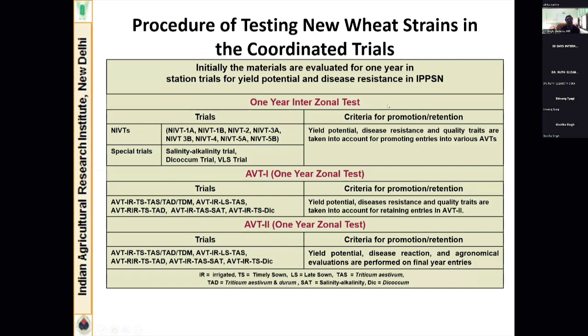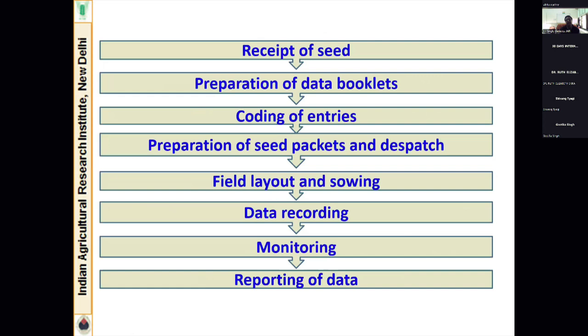In the first year, interzonal test is there. There are different trial series, and criteria for promotion are yield potential, disease resistance, and quality traits. After that, 2 years of advanced varietal trials are there, AVT1 and AVT2. In this, the criteria are almost the same, but in the final year, there is addition of agronomical evaluations under different conditions to see the performance of the cultivar.